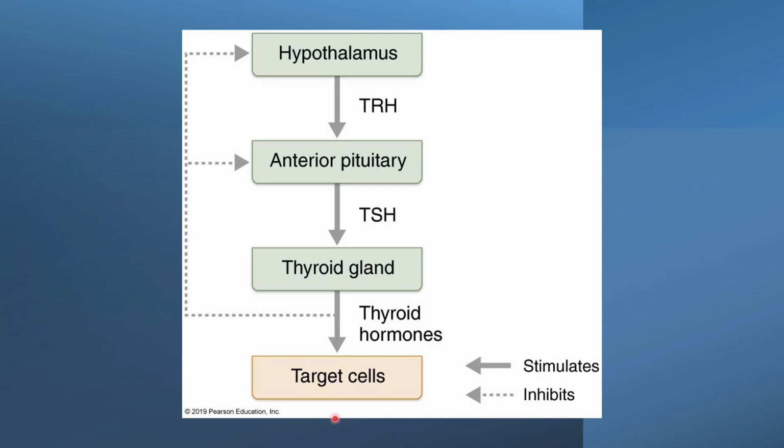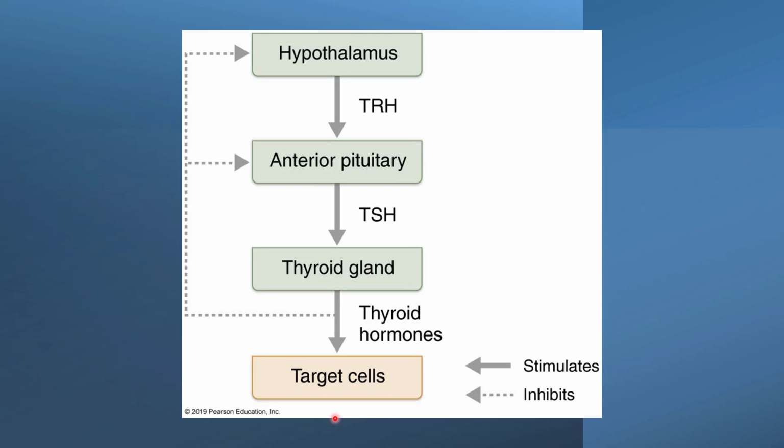So now, before we move on, let's talk about something that you're going to see, especially in lab, talking about primary or secondary disorders. And you will also see this when you move on into your program, especially if you're going into nursing.